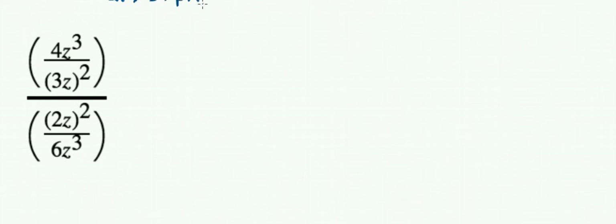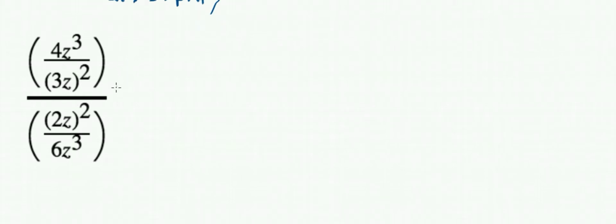We are going to take a look at this thing, and it looks kind of complex, which is maybe why they call it a complex fraction. But that's beside the point. We can still simplify it, but let's help ourselves by rewriting it to look like something much more familiar. In fact, it'll look like something that we just dealt with in the last lesson.